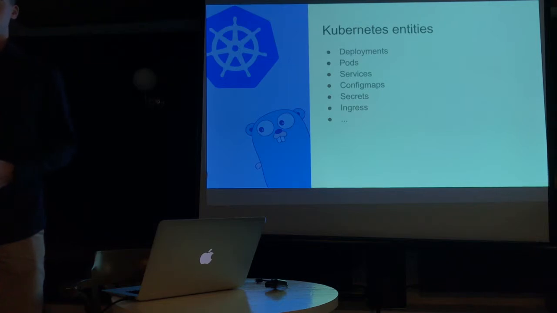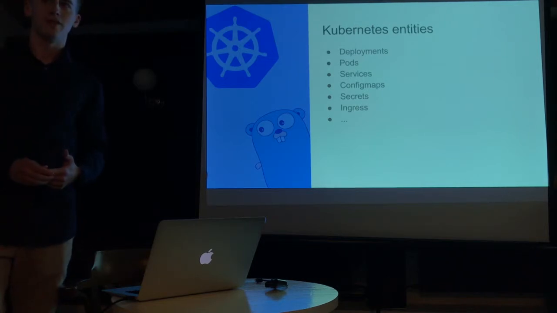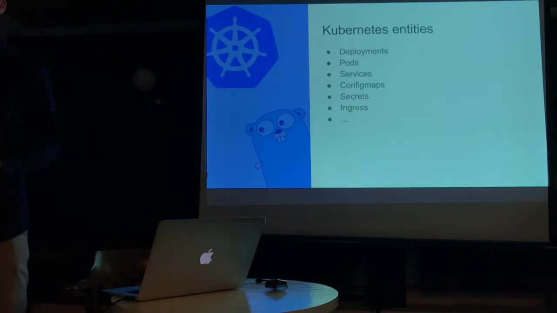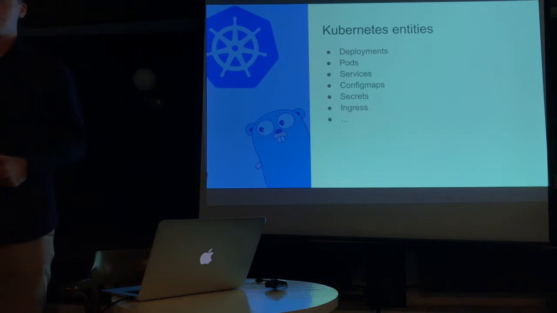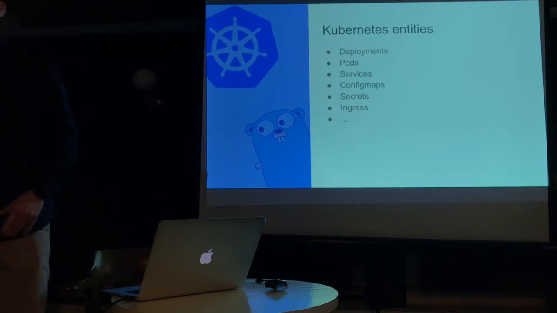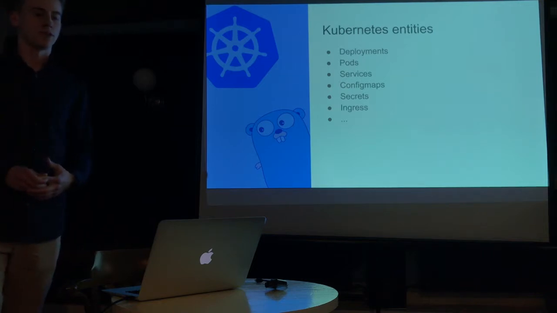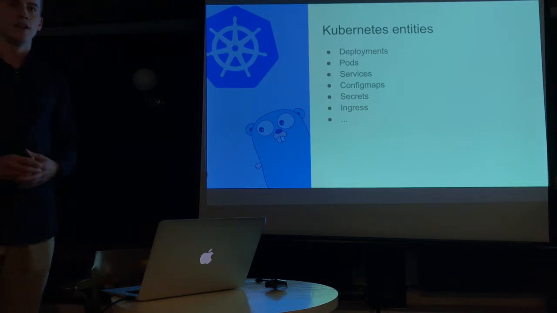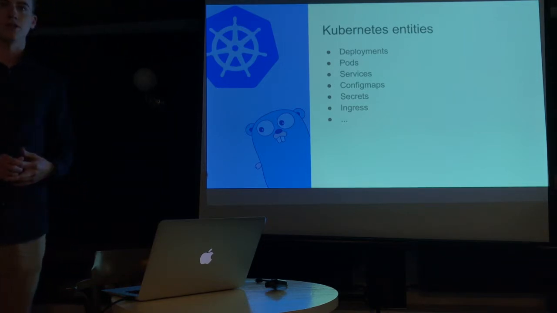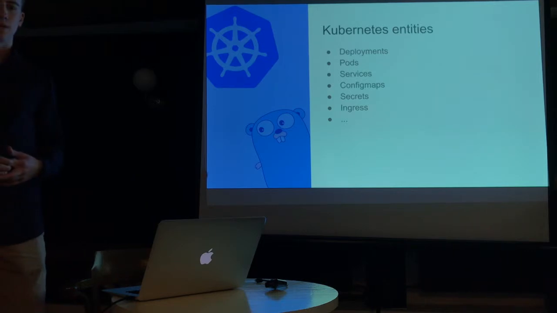Deployment always has a pod template which talks about containers that should be run in the cluster, volumes that should be mounted into these containers, which environment variables should be exported into the containers, and some other stuff that Docker supports, like resource constraints for CPU and memory.